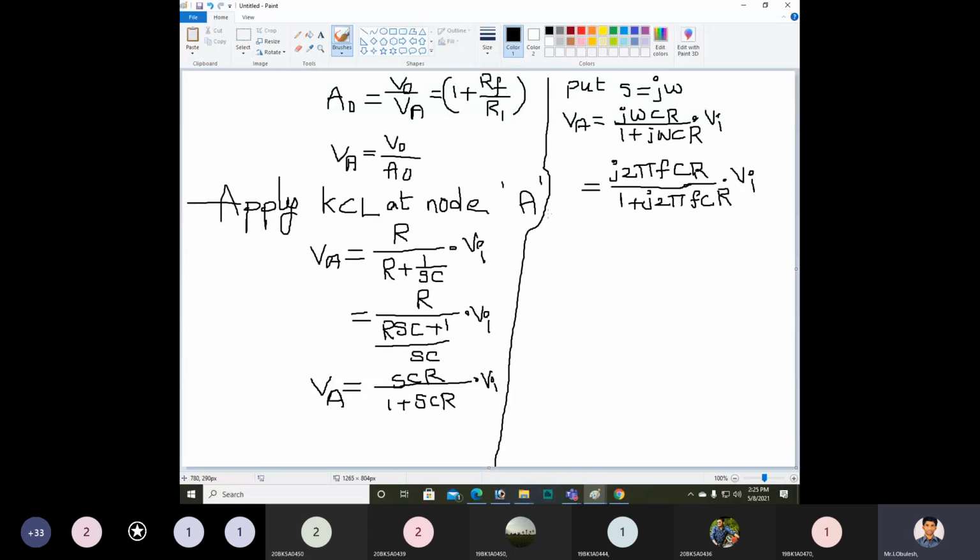Let us assume FL is equal to 1 by 2 pi RC.